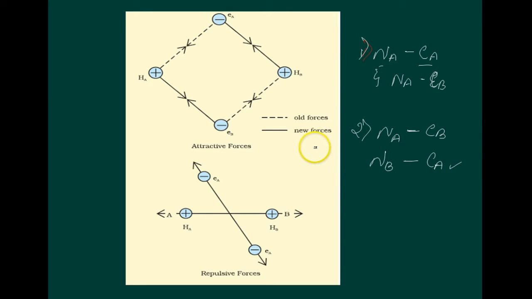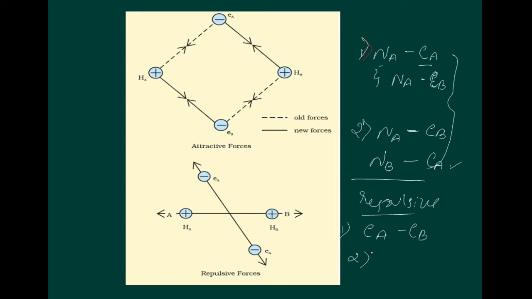This is the attractive forces. Similarly, repulsive forces, as shown in this figure, arise between the electrons of the two atoms, Ea and Eb, and between the nuclei of the two atoms, Na and Nb.